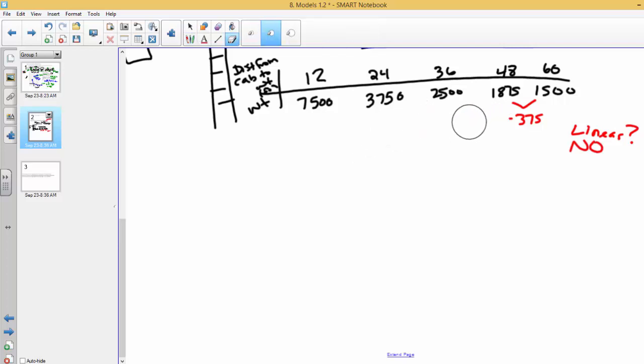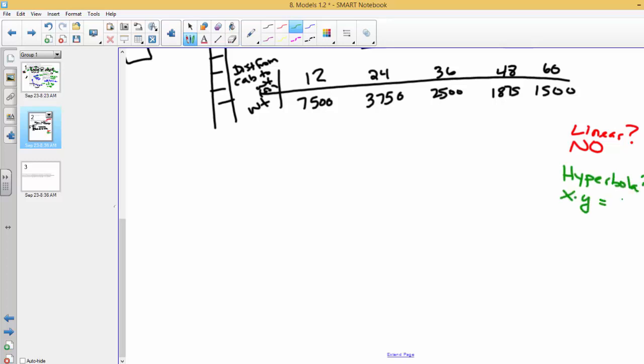Now we're going to see if it's a hyperbola. So we're going to see if x times y gives you the same exact number. So 12 times 7,500 is 90,000. And 24 times 3,750 is 90,000.